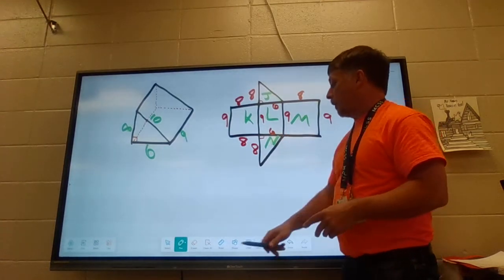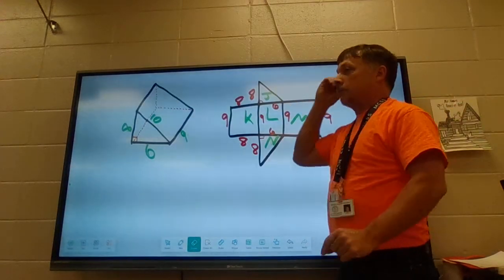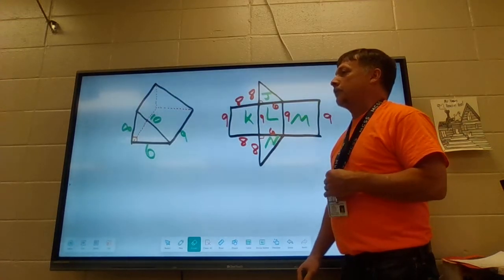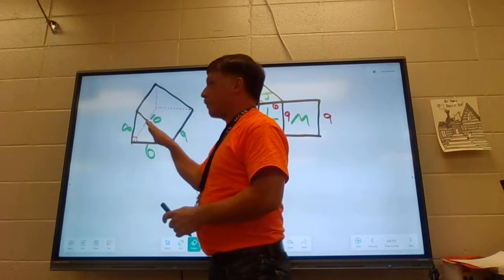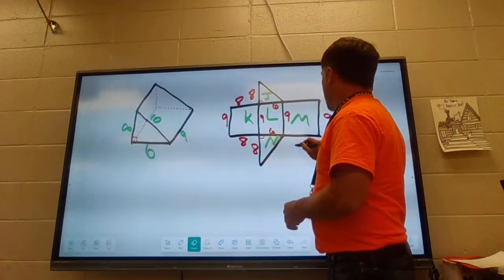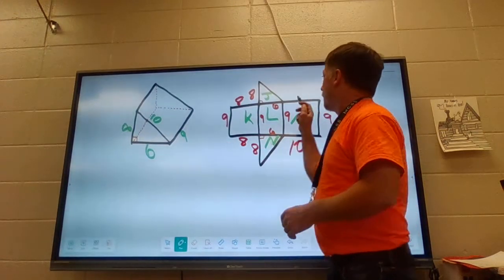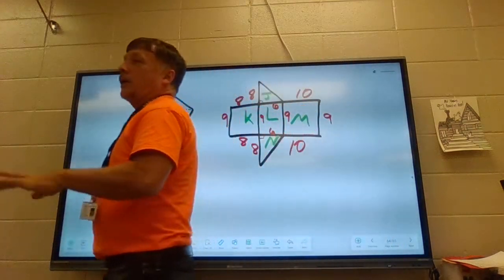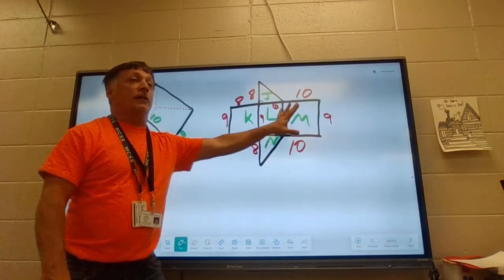Okay, what would make you think it's 10? Because that's the part that goes like this. The slant height is 10 on this rectangle, right? Yeah. So if that's 10, what's going to be the other side up here? 10.